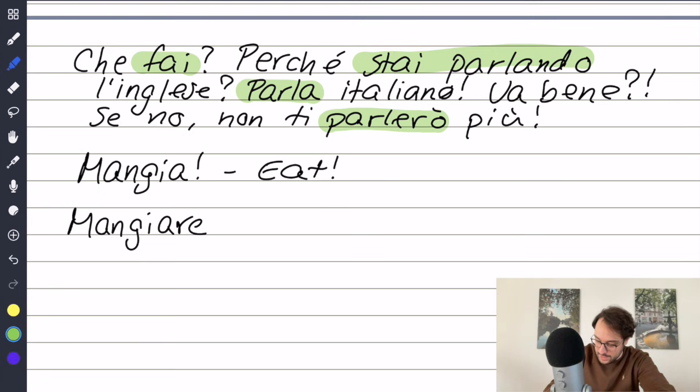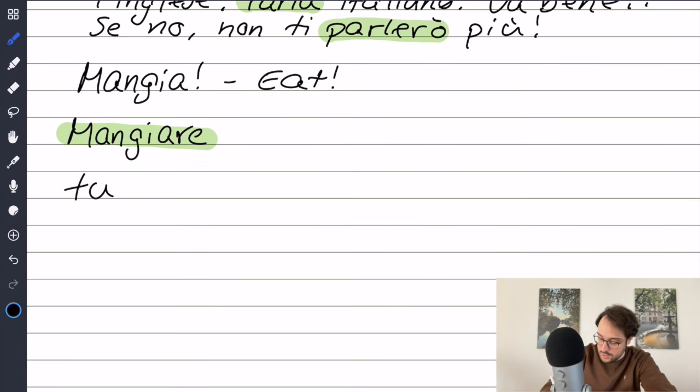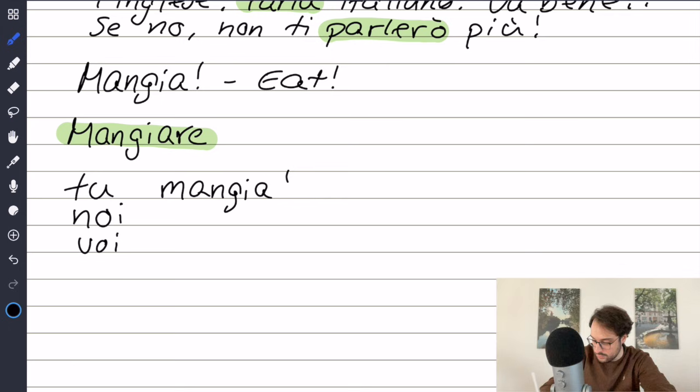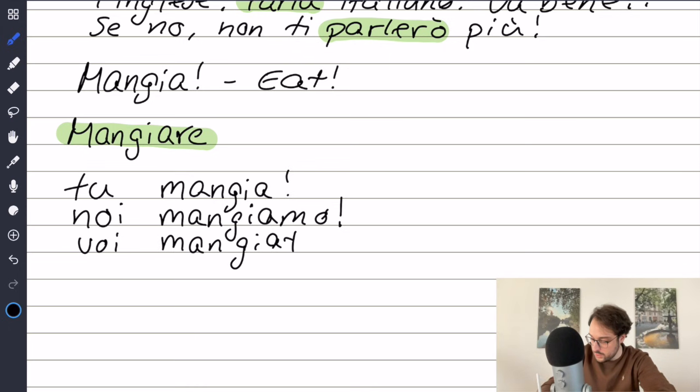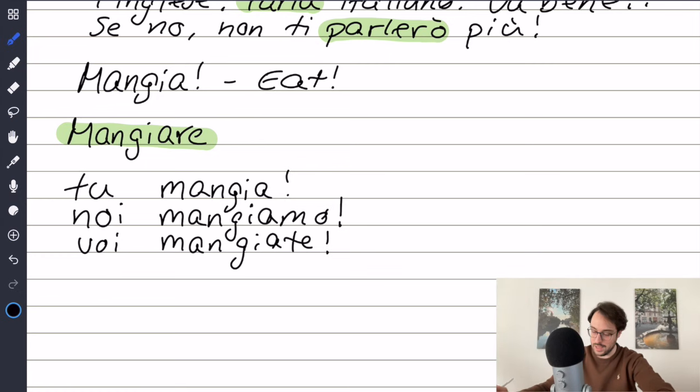All regular are verbs, when they're in the imperativo, the conjugation for tu ends in a. So, mangia. Noi is going to be normal, mangiamo, and so is the voi, mangiate. So, conjugate the verbs as you normally would in the present. The only difference that we've seen so far is the adverbs end in a. The regular adverbs end in a.